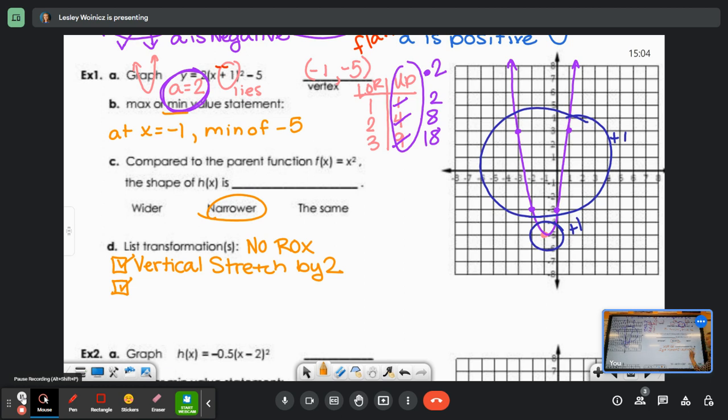Left 1, down 5. Okay. Shifted left 1 and down 5 units. Remember, we can tell where the shift was by identifying the vertex. You don't look at any other points other than the vertex to identify the shift. Okay, cool.